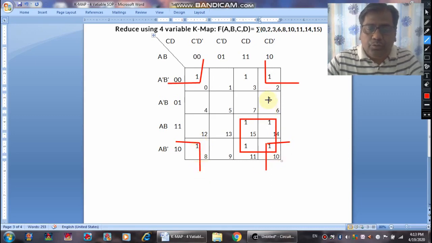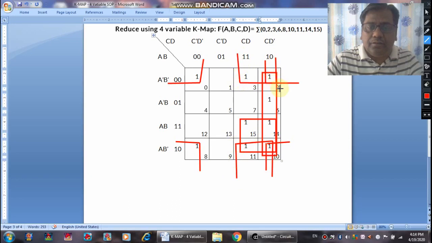Now there is one left over here and one left over here. It's very evident that we can take a vertical quad over here. So this quad is not redundant, this is not redundant, and the corner is not redundant. This one can be paired, but I think this can be grouped in a quad as well.